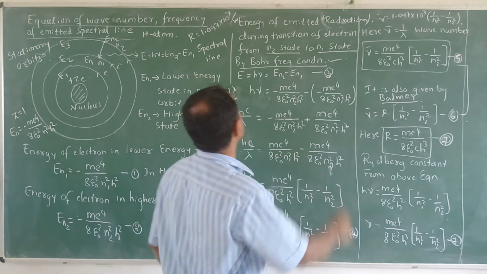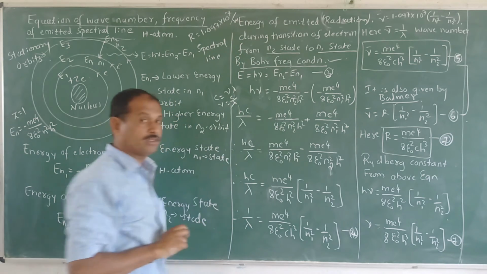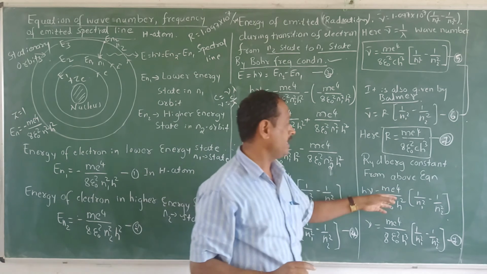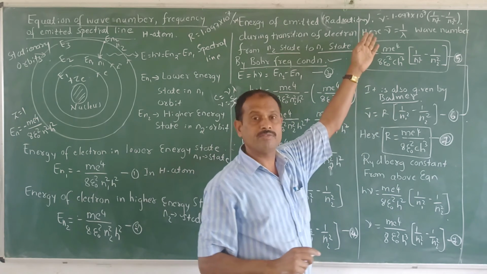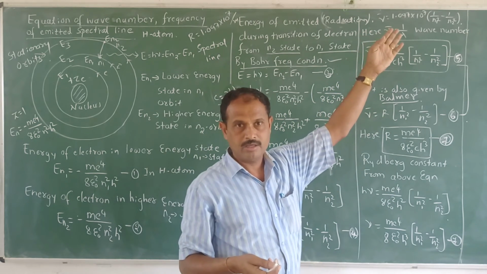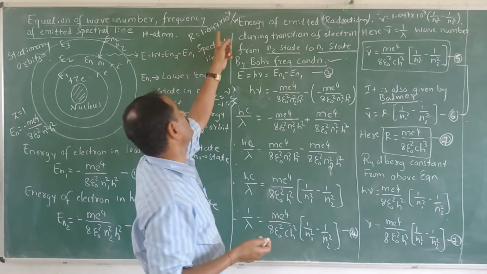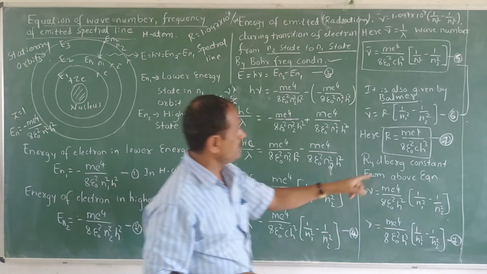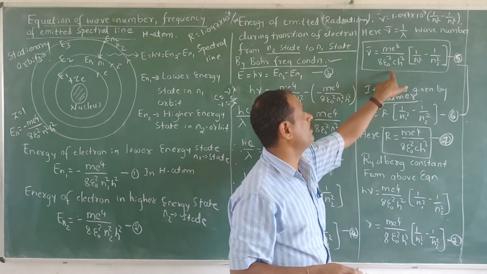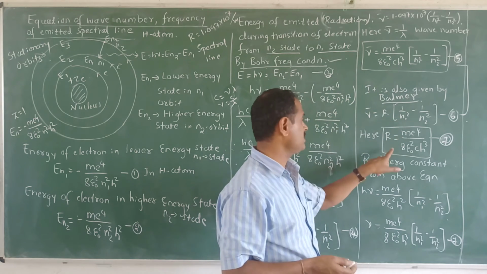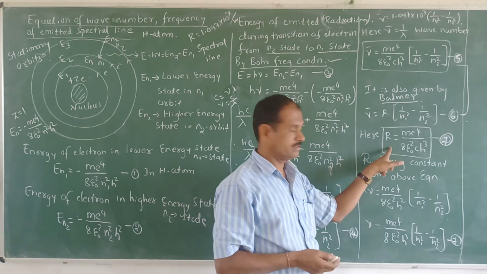You get the answer 1.097 into 10 to the power of 7 approximately. Therefore, this formula agrees with the Bohr empirical formula. Hence, this is said to be the Rydberg constant. Its value is 1.097 into 10 to the power of 7. Equation number 5 is the expression for the wave number and equation 6 is the expression for the Rydberg constant.